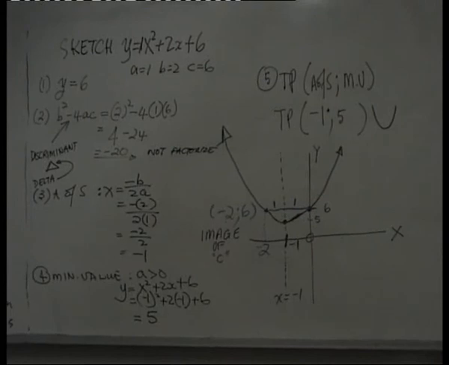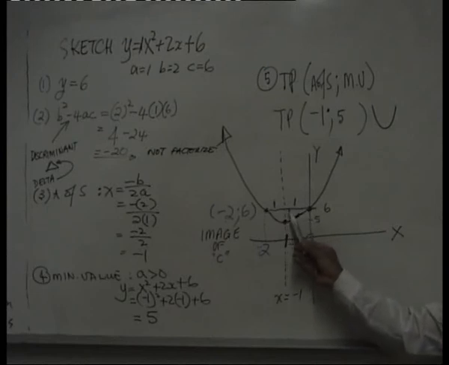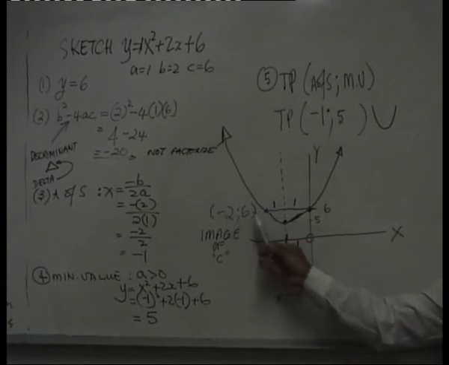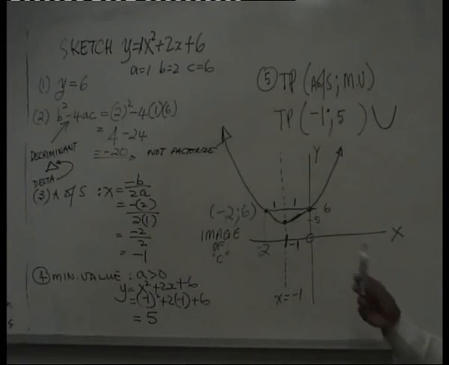So remember always that in line with the y-intercept, if this is 1 unit away, then 1 unit away on that side will bring you to minus 2.